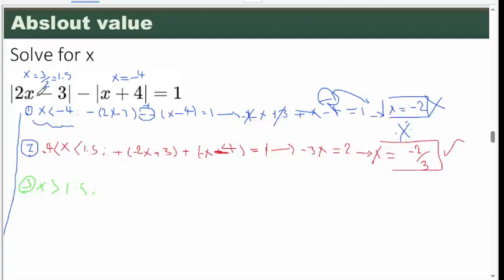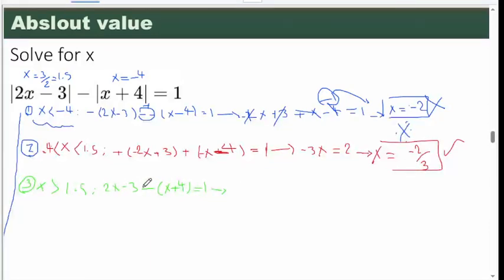So I can get rid of the first absolute value without any multiplying, and then put a sign in front of the second one. For the second one, x larger than 1.5 would be larger than negative 4. So I get rid of the absolute value sign of the second one.